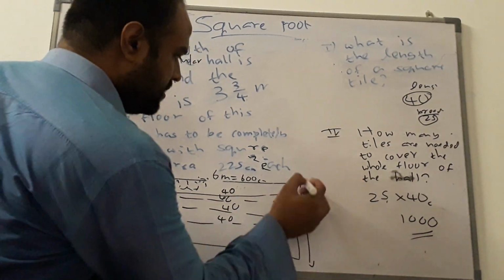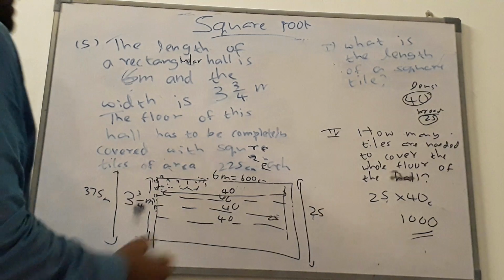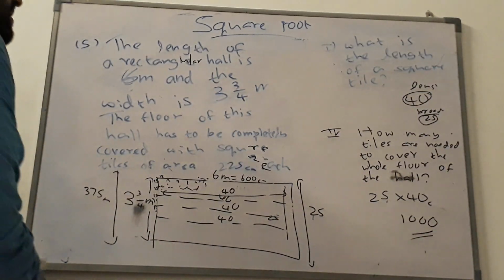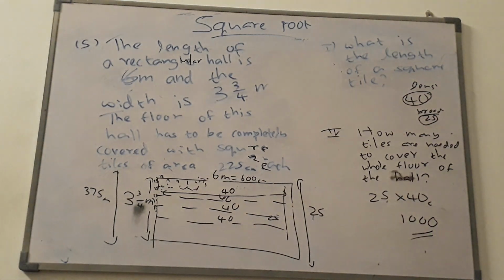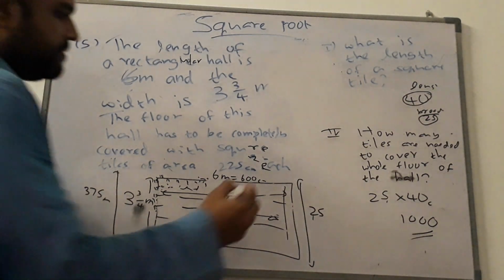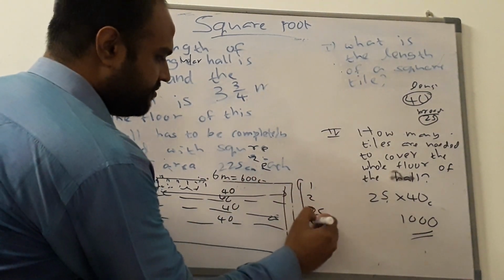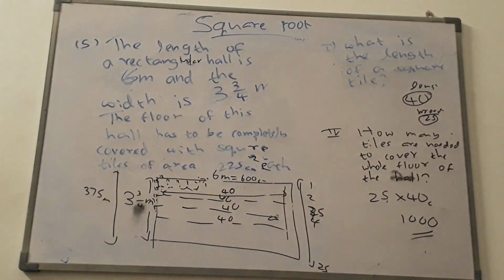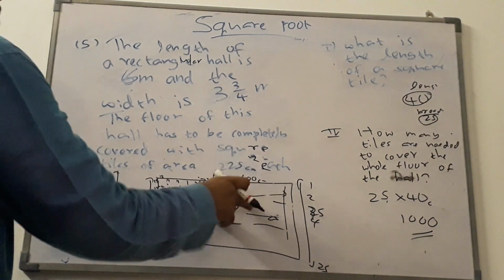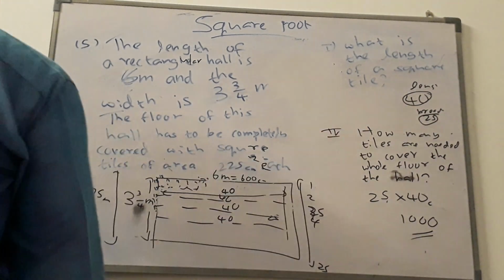Likewise there are 25 rows. So 25 times 40 means 1000 tiles. First, second, third, fourth, likewise 25 such rows. Each row has 40, so 40 times 25. So the answer is 1000.